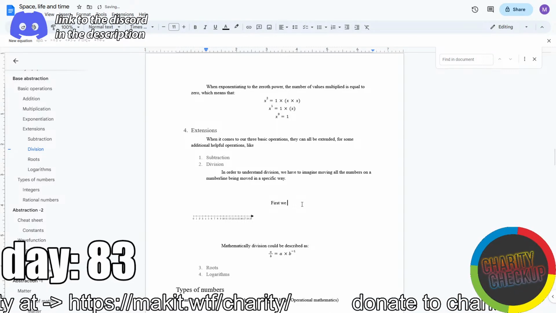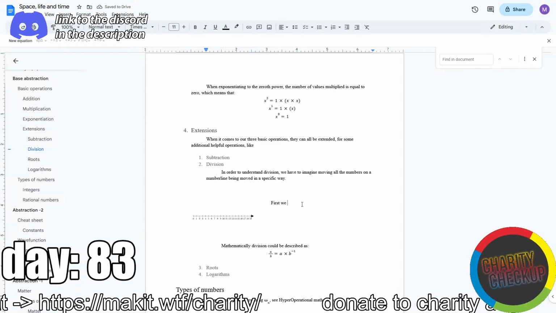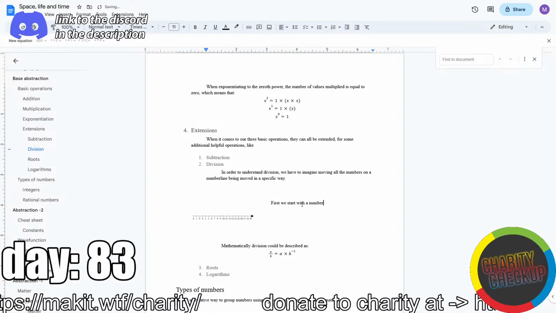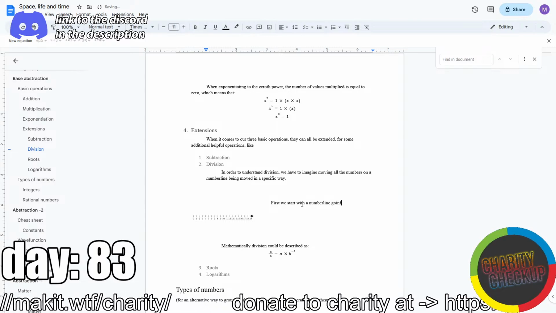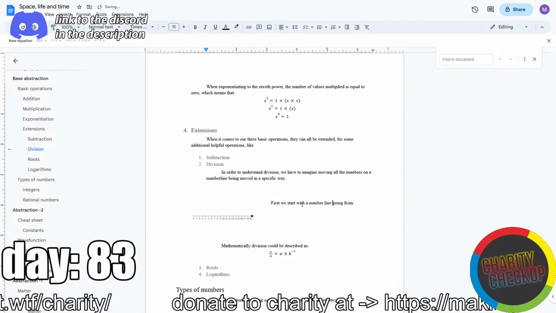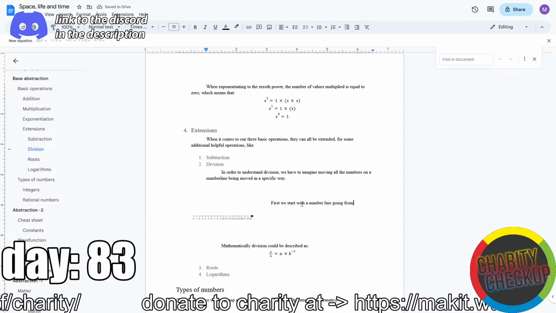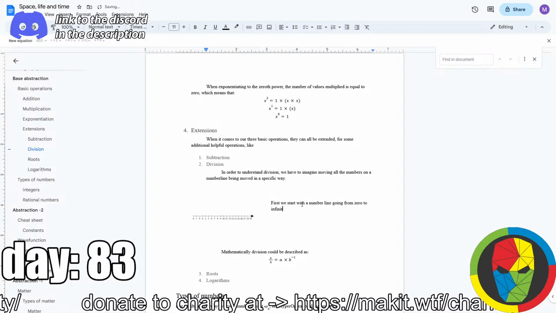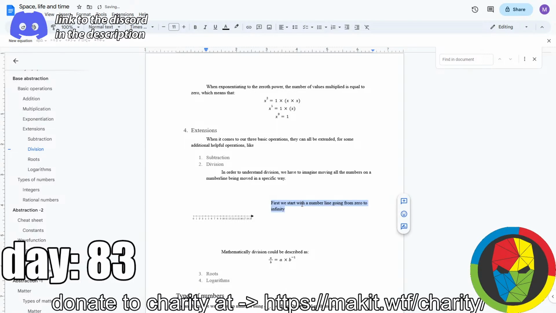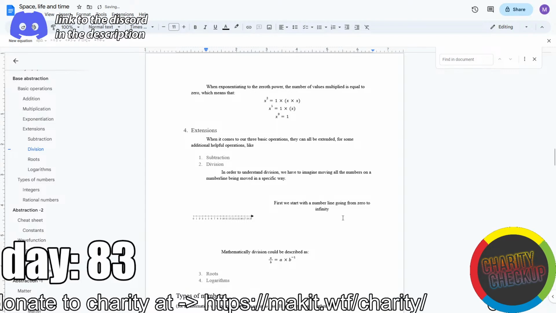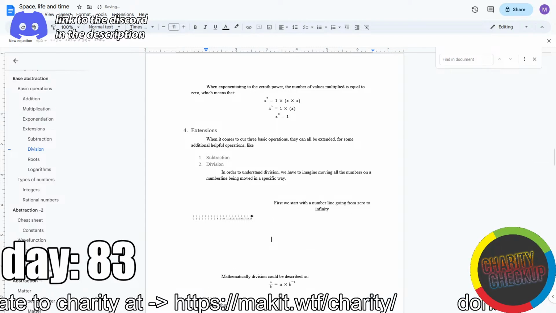First, we start with a number line going from 0 to infinity. Great.